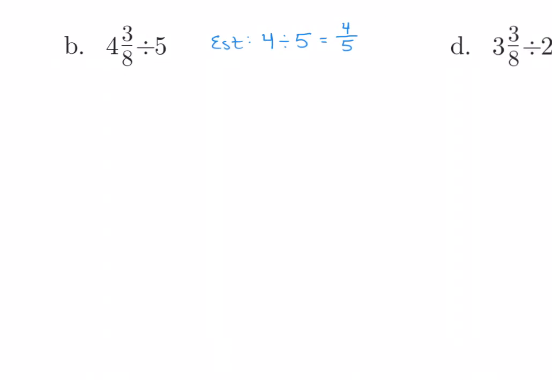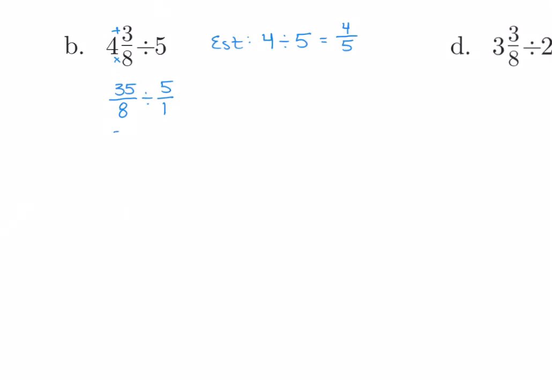All right, so now let's go ahead and find the exact answer. If we convert to improper, we get 8 times 4 is 32, plus 3 is 35 over 8. And I'm going to rewrite 5 as 5 over 1.